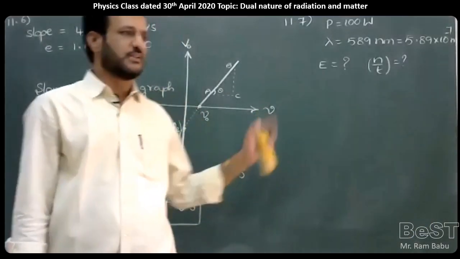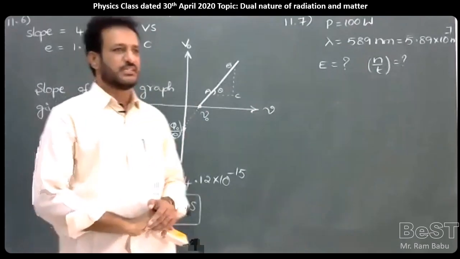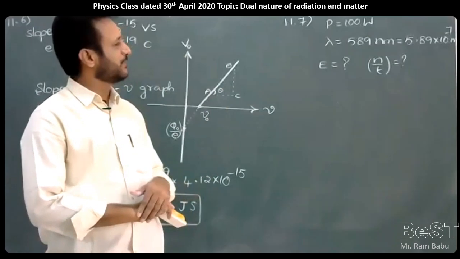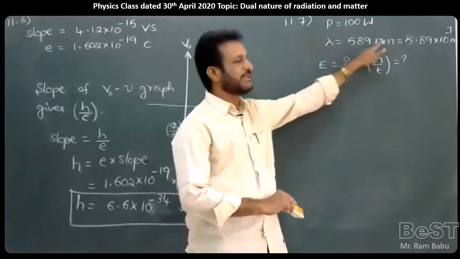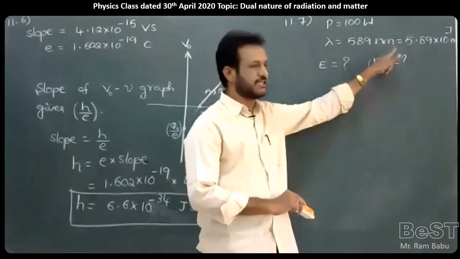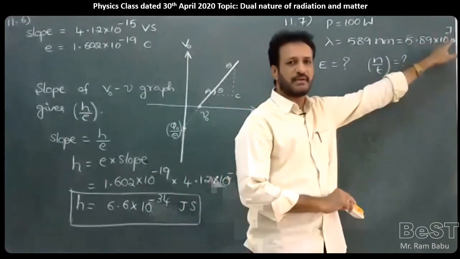Now we'll go for the given question. According to data, the light coming from the sodium vapor lamp has wavelength 589 nanometer. If you convert into meter, 589 into 10 power minus 9, or 5.89 into 10 power minus 7 meter.